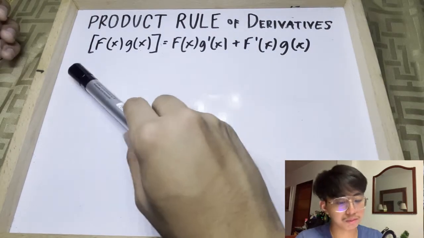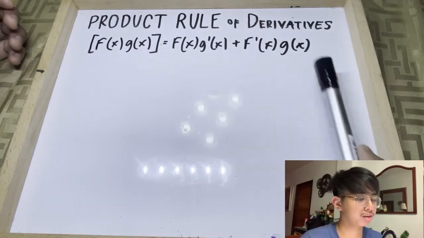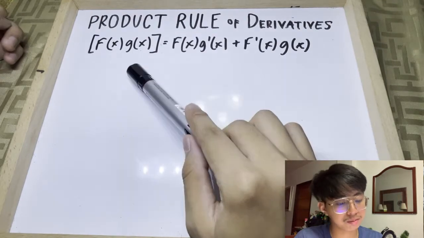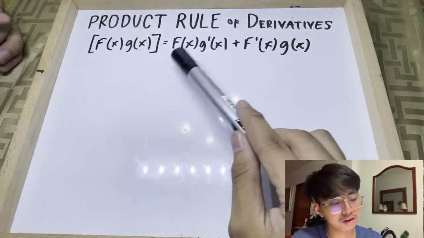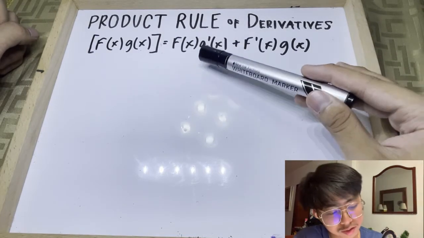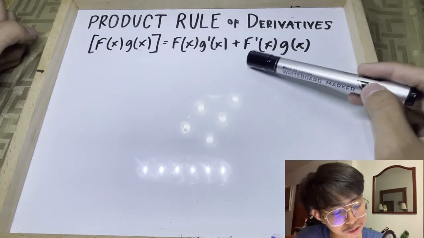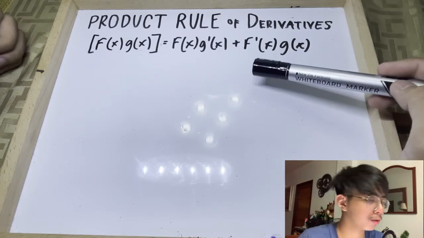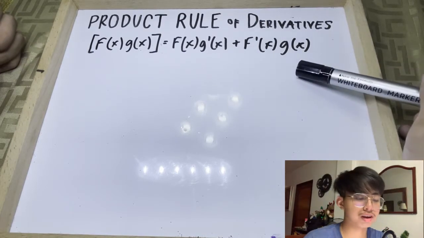As you can see on the board, we have a formula here. f of x times g of x is equal to f of x times g prime of x, which is the derivative of the second term, plus f prime of x, which is the derivative of the first term, times g of x.